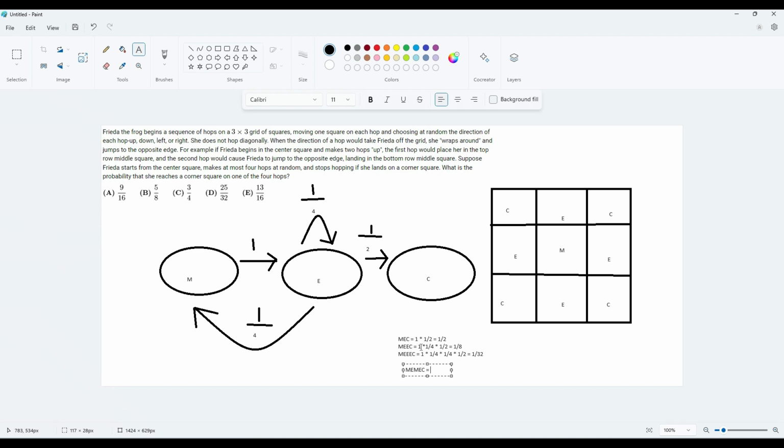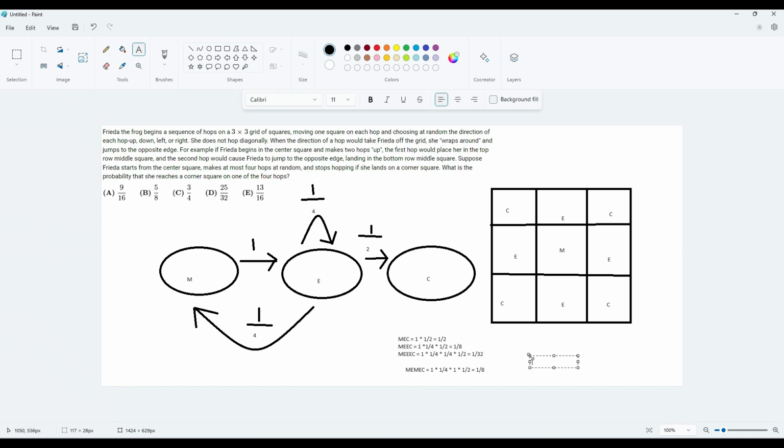At the middle it's automatic, so we do 1 times, middle to edge is just 1. Then the edge returns back to the middle, so that'd be times 1/4, because it's essentially the same probability as going to another edge. Then from the middle, it has to go to an edge, so times 1, similar to how we started from the middle to the edge. And after that, it would just be times 1/2. So the probability here would just be 1/8. Let's write this out and expand it here.